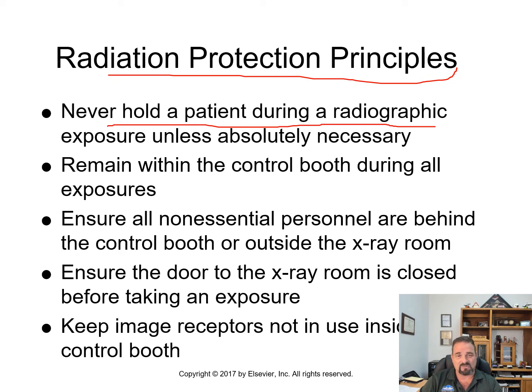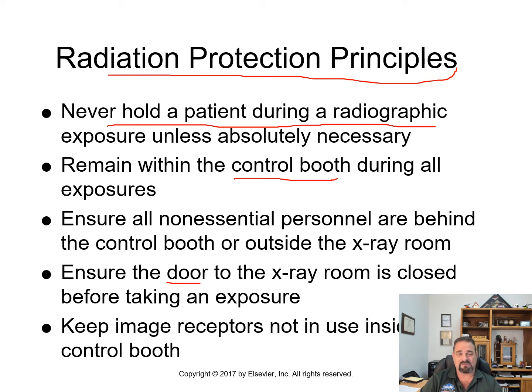Remain within the control booth during all exposures because you're behind a lead wall. Ensure all non-essential personnel are behind the control booth or outside the X-ray room. Ensure the door of the X-ray room is closed before taking an exposure. Remember, scattered radiation can travel, so be sure that door is closed.